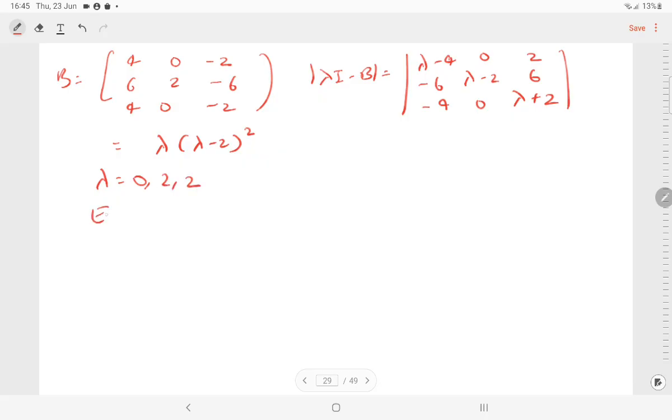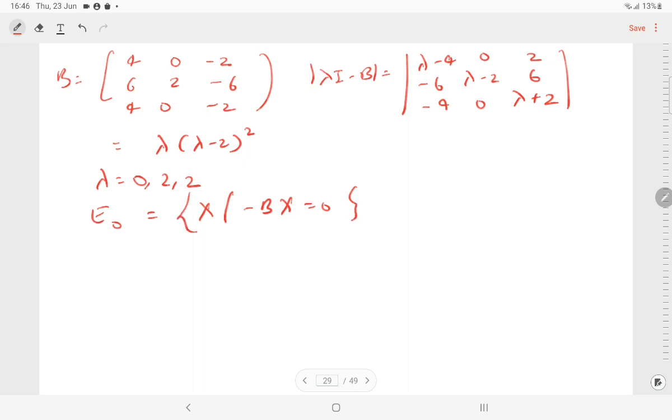So it means I need to compute E0 and E2. We will compute it one by one. For E0, it is all those x for which, if I substitute lambda equal to 0, minus Bx is 0.